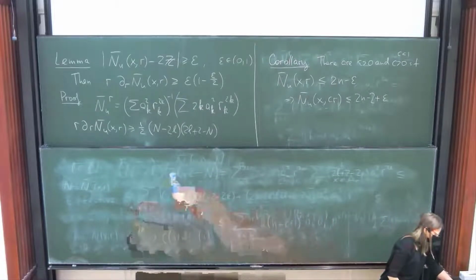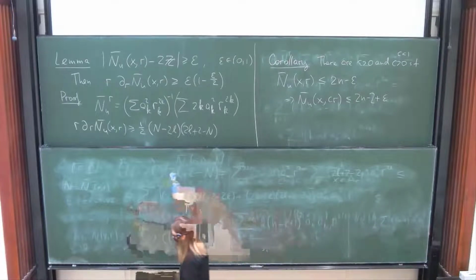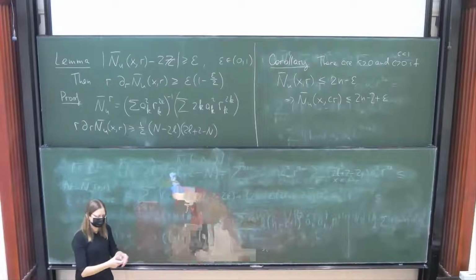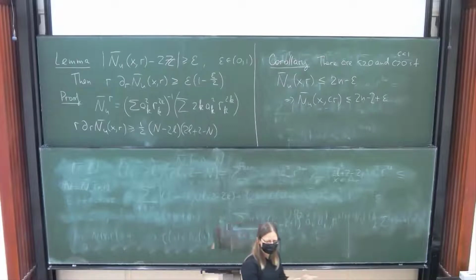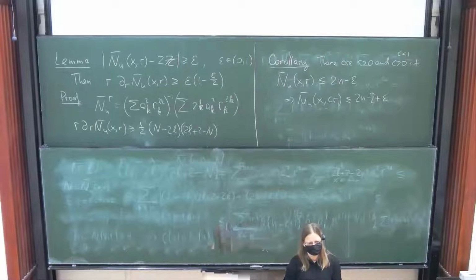I'm going to talk a little bit about the second idea, and I also mentioned it last time. If you know that your function looks like a homogeneous harmonic polynomial, and it happens with two centers, then you know a lot about this polynomial.